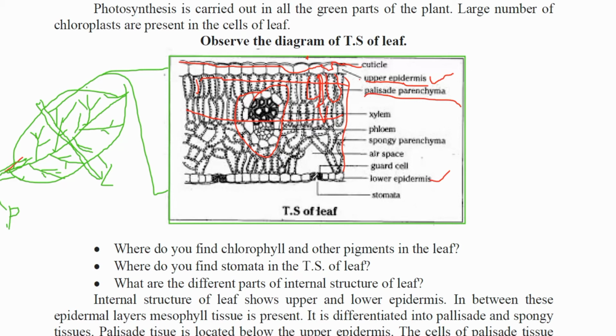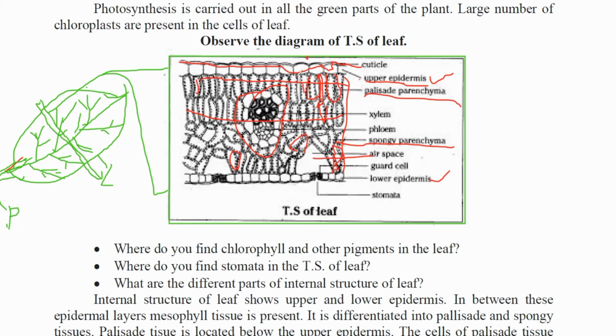In the same way, above the lower epidermis there are two rows of irregularly arranged cells. Here the cells are regularly and compactly arranged, but there they are irregular. These are called spongy parenchyma, with air spaces between them.